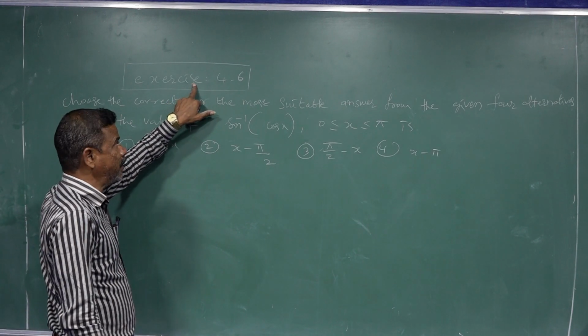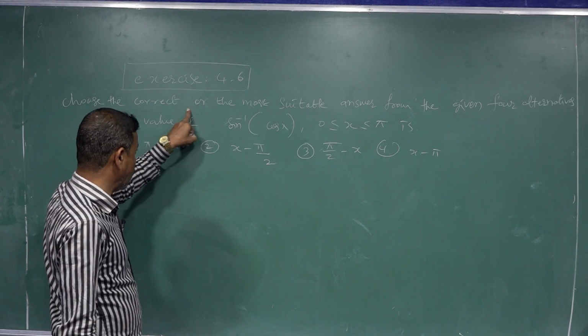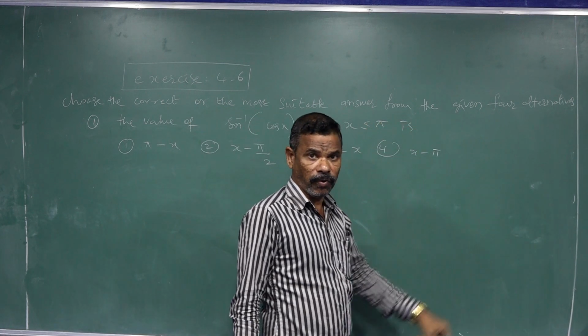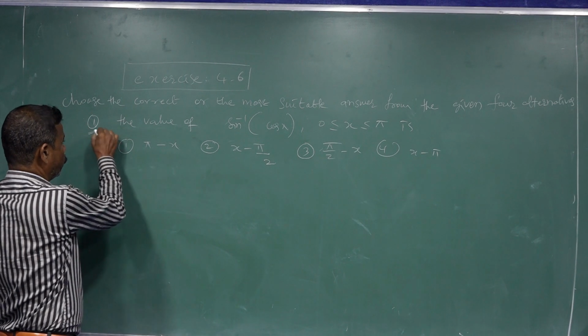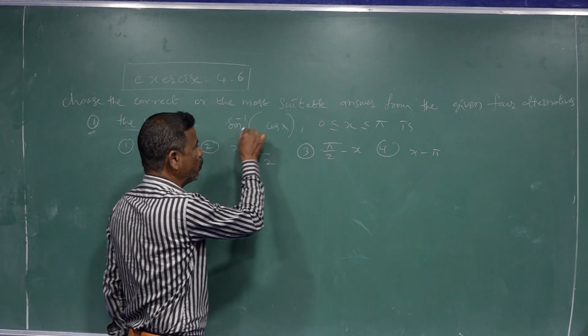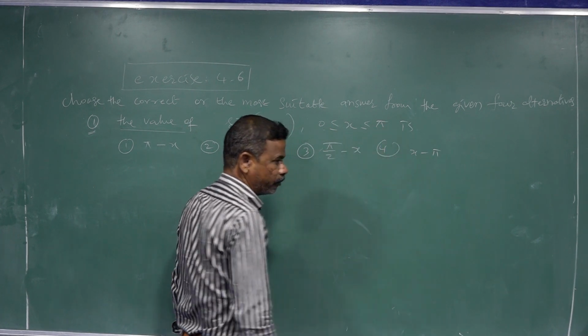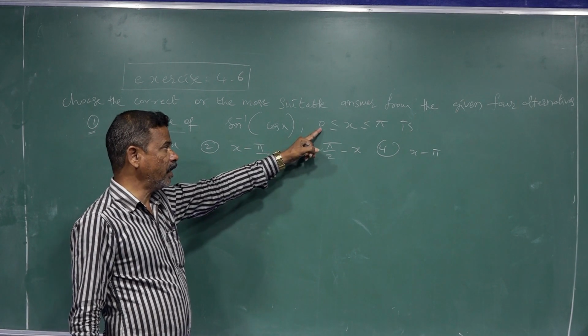Exercise 4.6, 1 mark bits. Choose the correct or the most suitable answer from the given 4 alternatives. First problem. The value of sin inverse of cos x where x lies between 0 to π. This is the condition. So is this condition suitable or not?